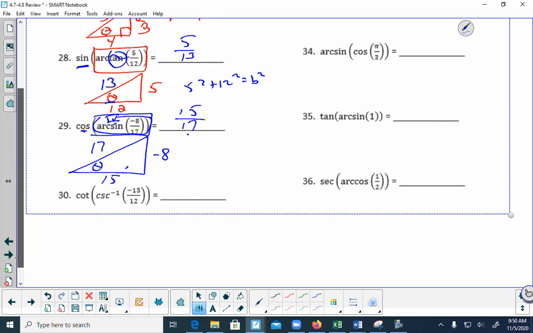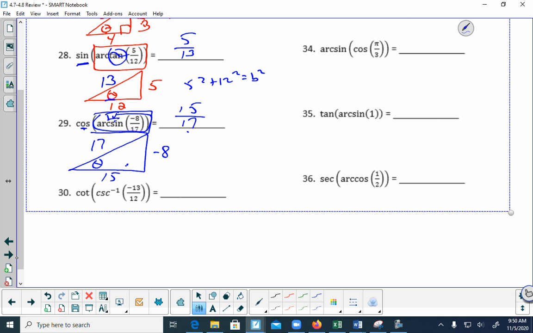Okay, number 30. The cosecant is negative 13 over 12. So again, drawing my triangle, the cosecant is negative 13 over 12, which means the sine of that angle is going to be negative 12 over 13, the reciprocal. So the opposite will be 12, the hypotenuse will be 13.